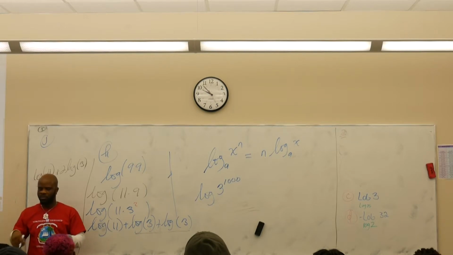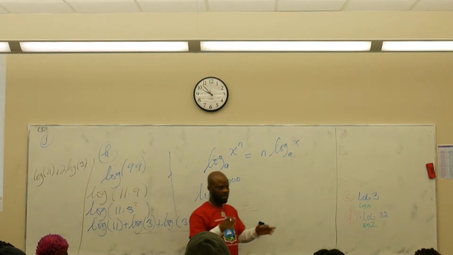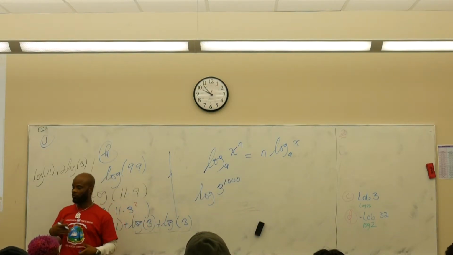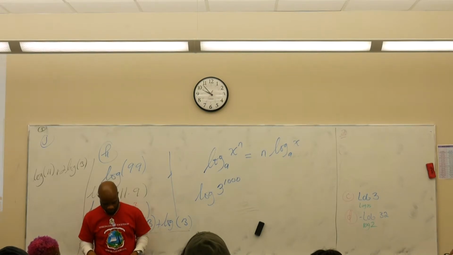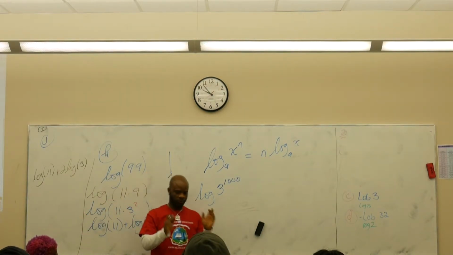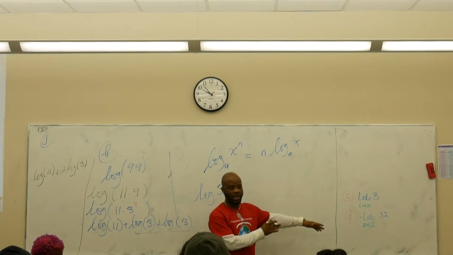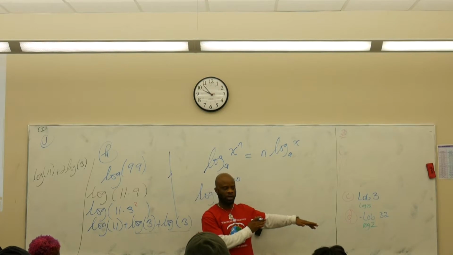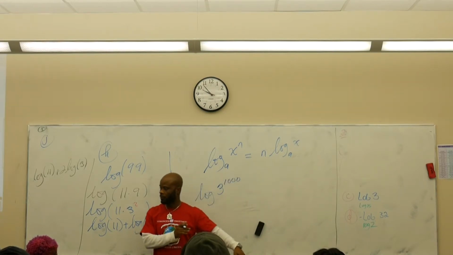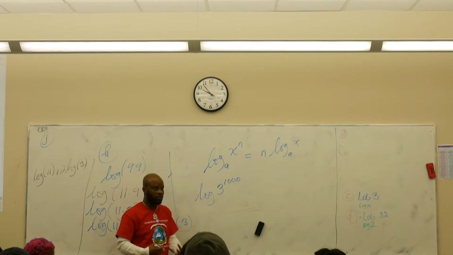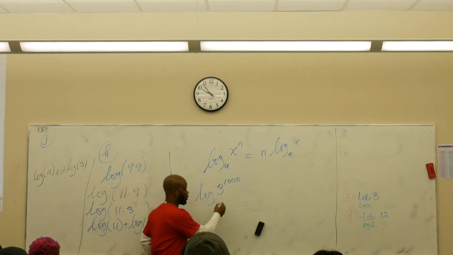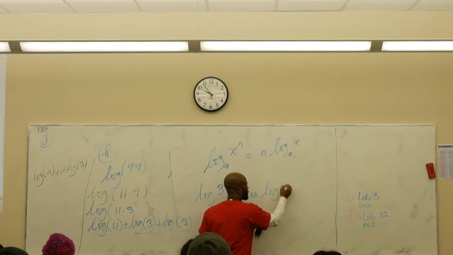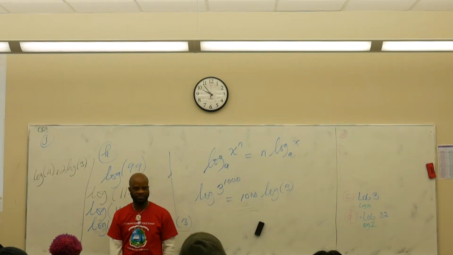That means 3 times 3 times 3, 1,000 times, right? And we agree if it's a multiplication where we add, so we're going to have the log of 3 plus the log of 3 plus the log of 3 all day. But we know it's the log of 3 added to itself 1,000 times. So all I need to do is know the value of the log of 3, and I'll just multiply that by 1,000.